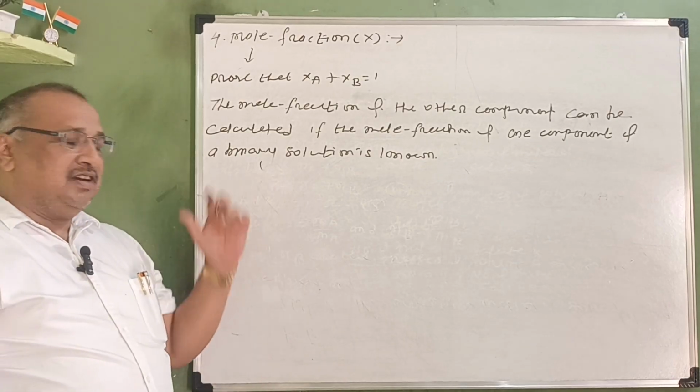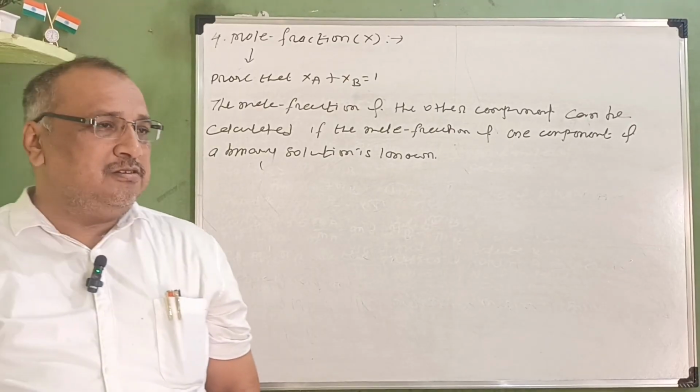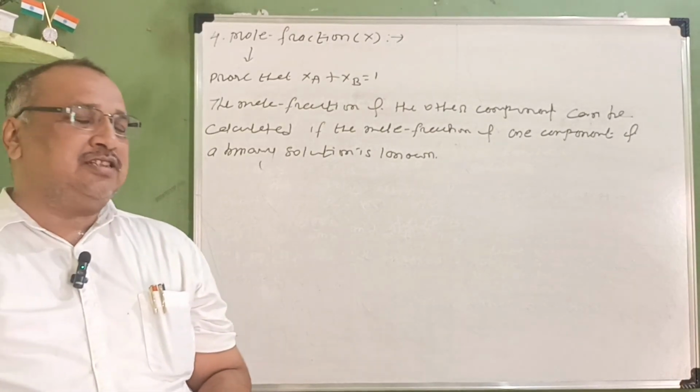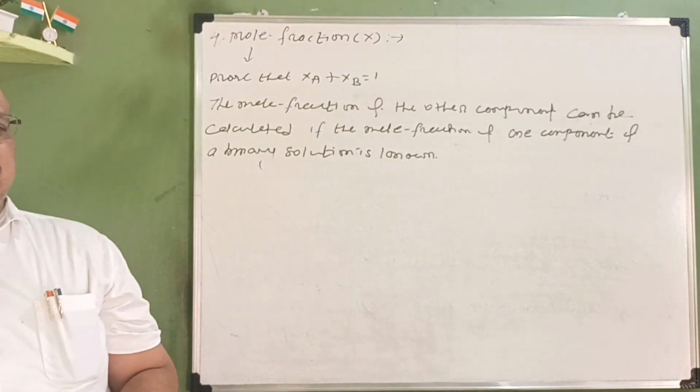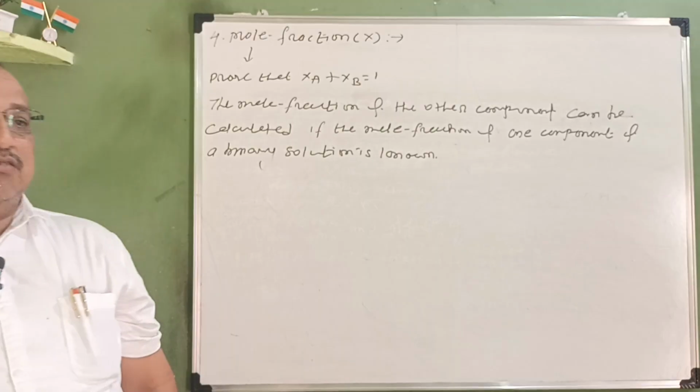This is regarding mole fraction, its definition, expression and proof, that is XA plus XB equal to 1.